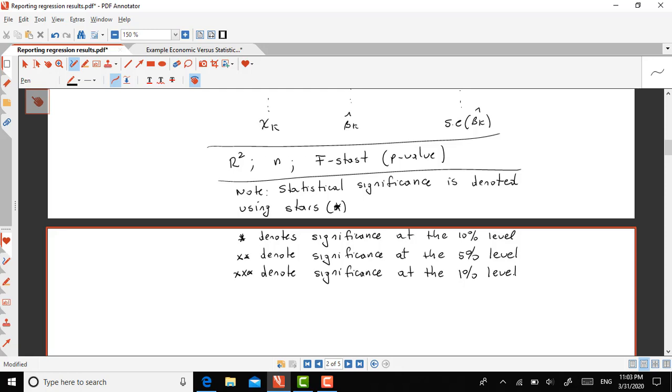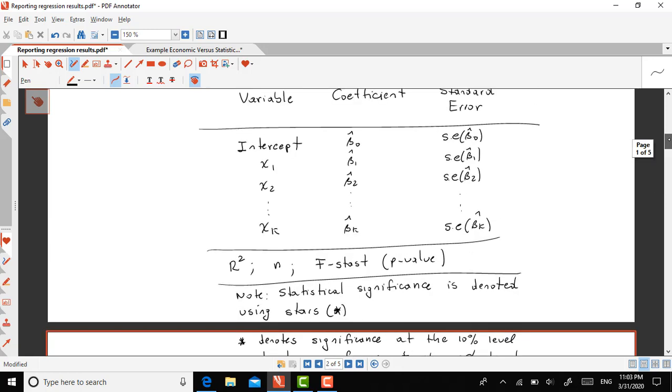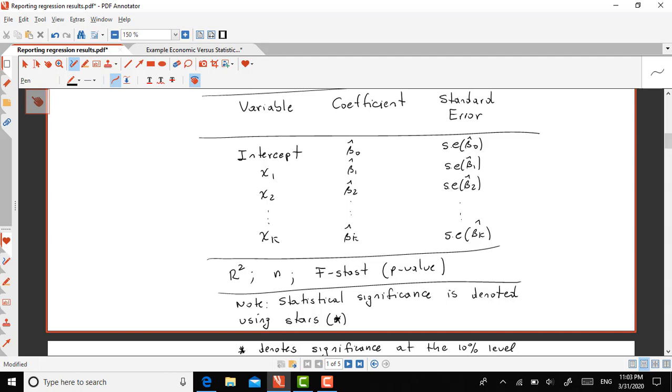Okay, so what do we do with those stars? Basically, we have to identify which coefficients are significant at the 1, at the 5, or at the 10% level. So just for the sake of example, let's say that the intercept is significant at the 5% level, so it has two stars. Beta 1 is statistically significant at the 10% level.